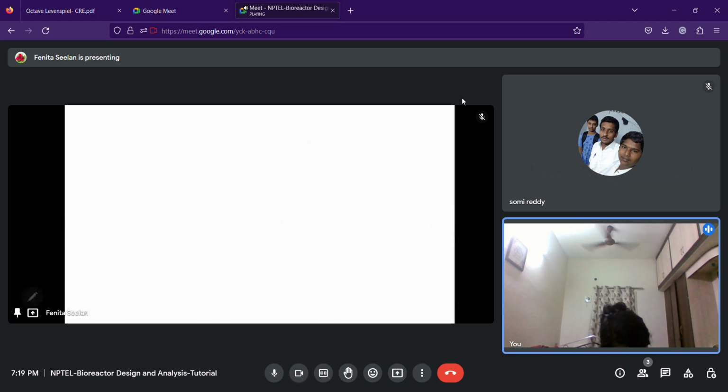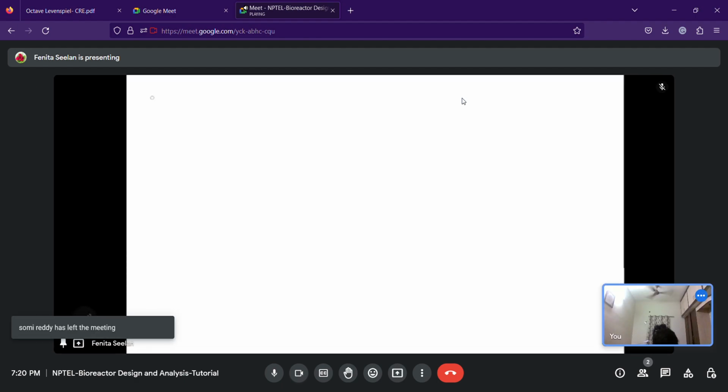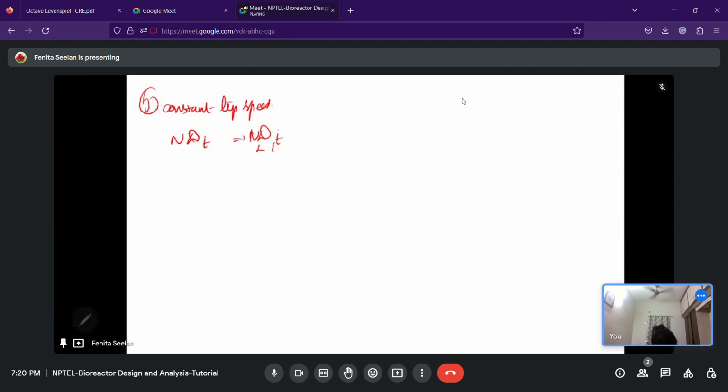So similarly, if you do for the constant tip speed, it is N dt, right? Yes. NS dts is equal to NL dtL. So your NS is 500.